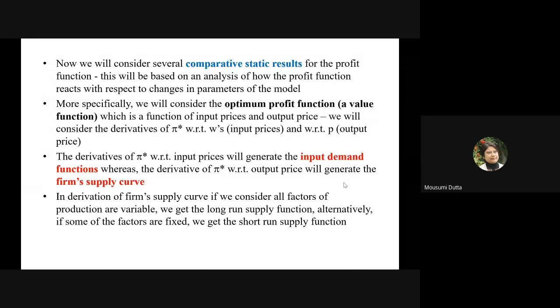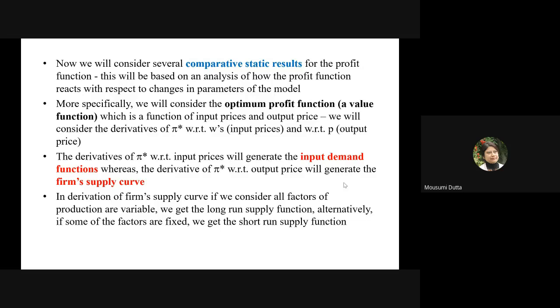So we are calling this comparative static result. Actually, we will consider a change in parameter and what will be its impact on equilibrium, that we will like to measure. So now we will consider several comparative static results for the profit function.